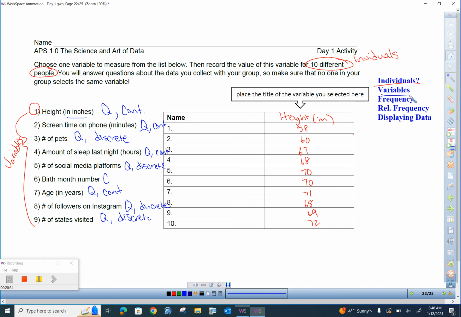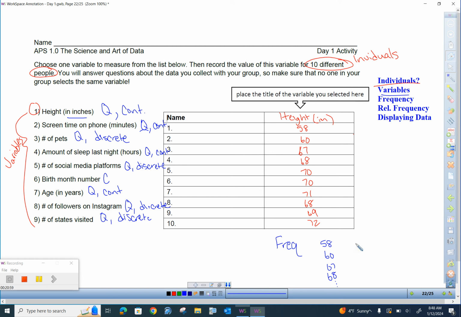Okay, so we've taken care of those. When we were talking about height, we could go and make a frequency chart. So we're not going to do it for all of it, but we could classify the different things here. So we had 58 inches, 60 inches. The next one was 67, 68, and so on.